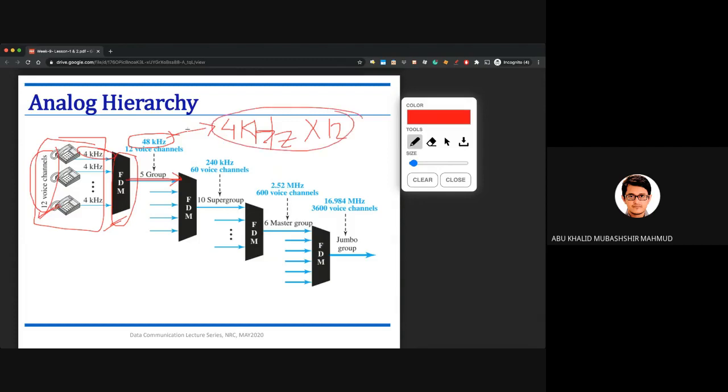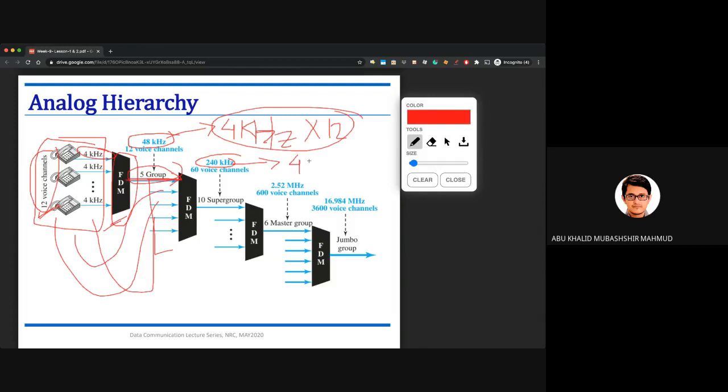So we get this 48 kilohertz, which are combined into a group, and this group of 5, each with a different 12 voice channel structure, gives us this 60 voice channel structure of 240 kilohertz. So how do we get this value? It is very similar to the previous one.